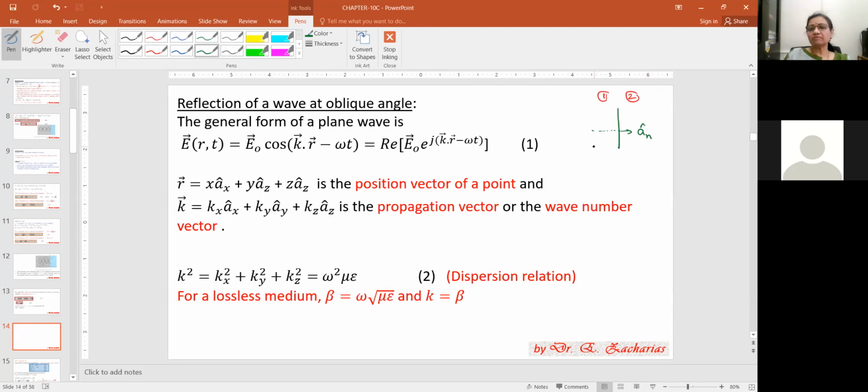Now, if a wave comes and hits at an angle not normal, you have something called theta i, which is the angle of incidence. Then part of the wave will get transmitted, making an angle called theta t, the transmission angle. Part of the wave will get reflected. This is going to be theta r.